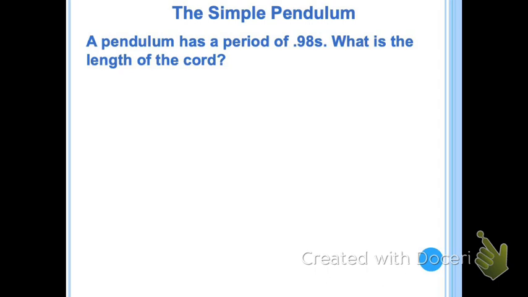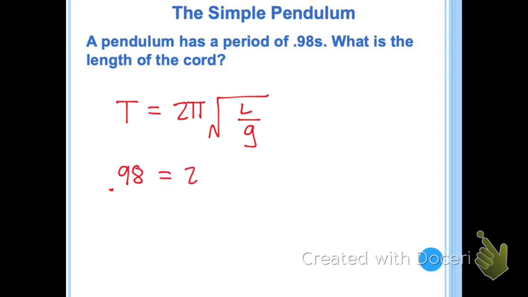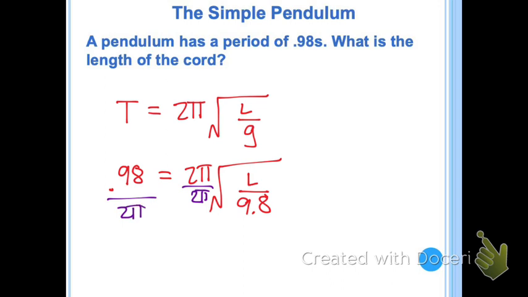So this one, the algebra will be a little different because you're solving for L, which is inside of that radical. T equals 2 pi times the square root of L over g. So we know T equals 0.98, 2 pi square root of L over 9.8. Okay, so are we good with the algebra through this? I'm going to move 2 pi over.